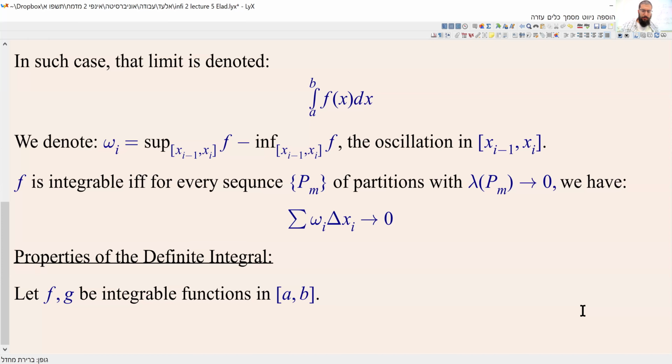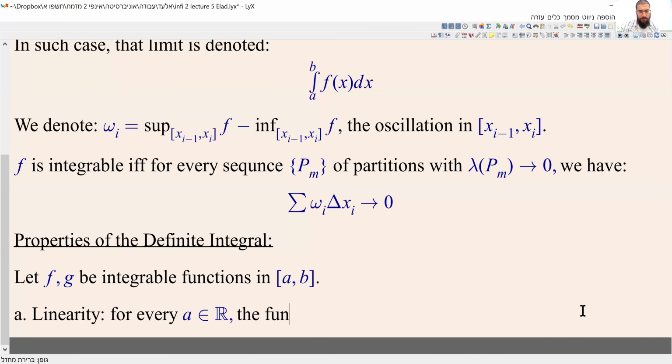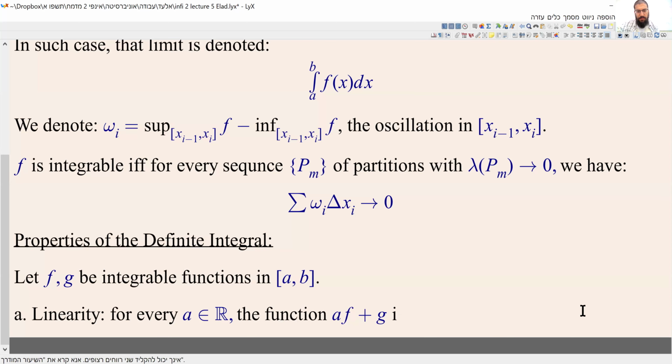Okay, first of all, the integral is linear. Linearity: for every scalar alpha in R, the function alpha f plus g is integrable.